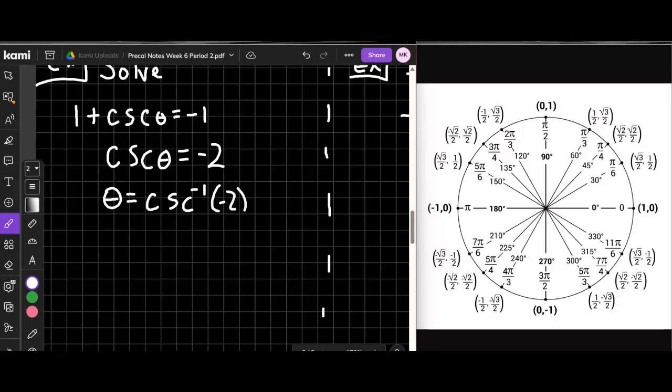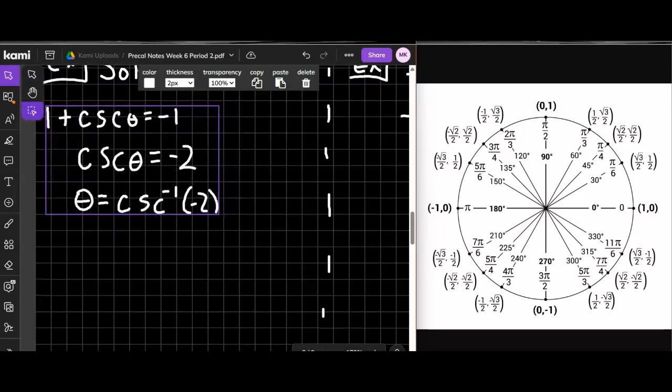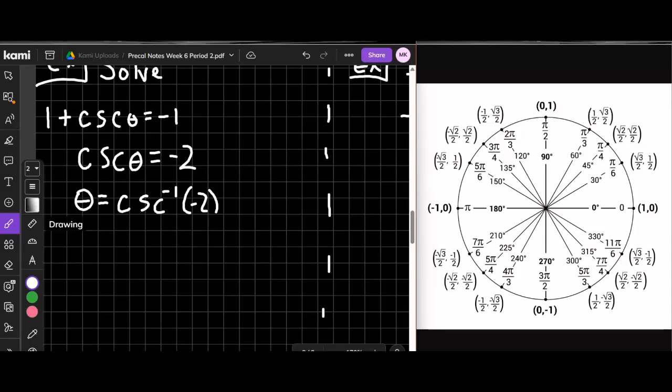But that right there is the exact same thing as the reciprocal of cosecant, and the reciprocal of cosecant is sine. And so this is the exact same thing as saying the sine inverse, but instead of having -2, you're taking it of the -1/2.